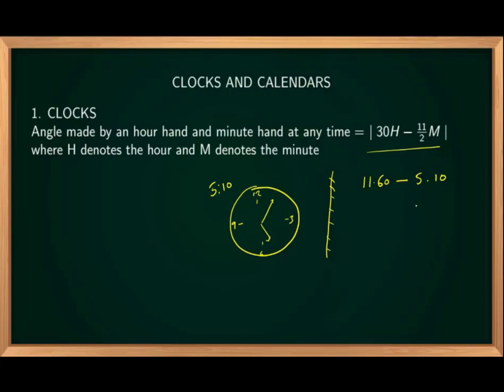So 50 minutes, 6 hours. 6 hours, 50 minutes. So 6:50 will be the answer. Okay. These two equations are sufficient. Then we can go to the question part.